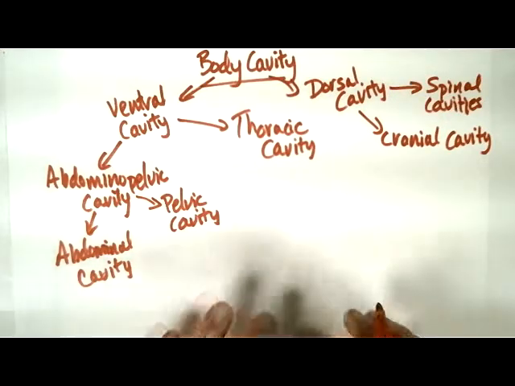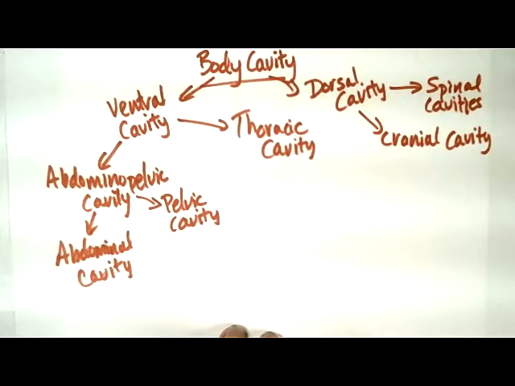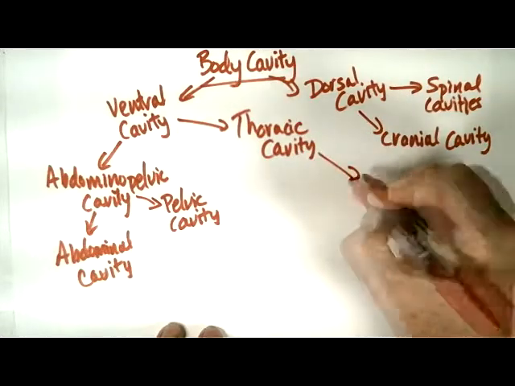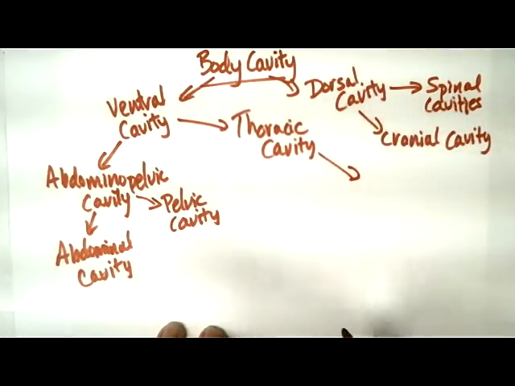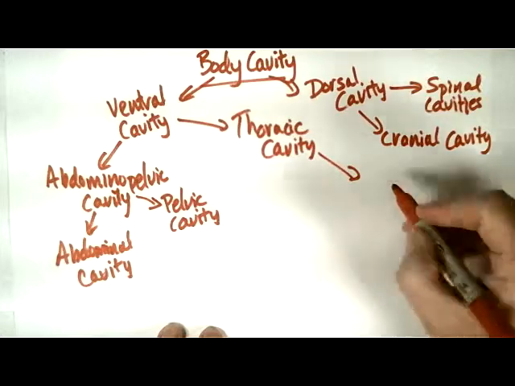Now, the thoracic cavity is the one we haven't finished defining here. Well, there's really kind of three cavities here, but we look at it like this. The thoracic cavity, we can divide into both a right and a left pleural cavity.